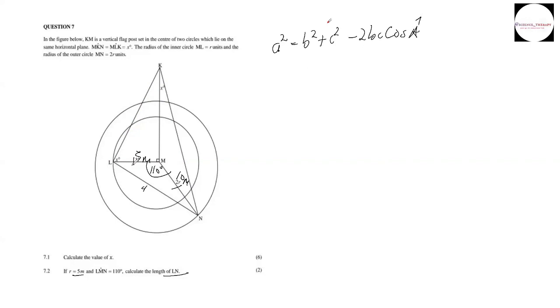But then in accordance to what we have here, this is LN squared is equal to LM squared plus MN squared minus 2 times LM times MN, and then this is cos what? Cos LMN, right? Then let's just go ahead and substitute.